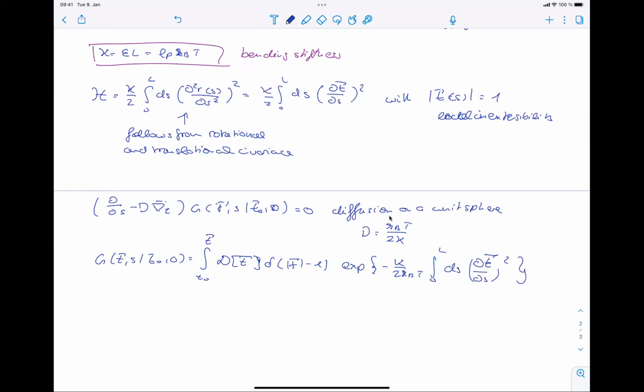And so the challenge here is that there's this constraint that we have to consider, this inextensibility, which makes it hard.